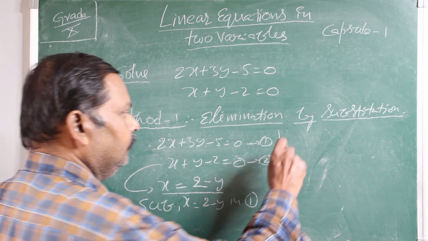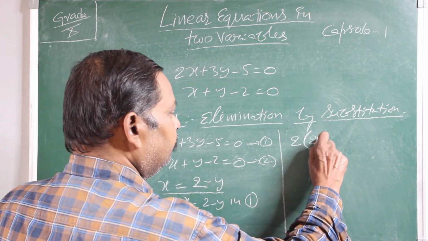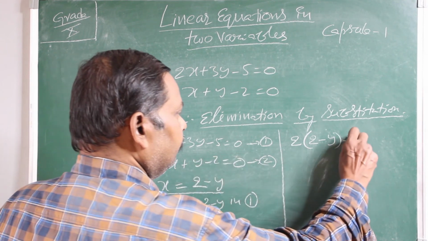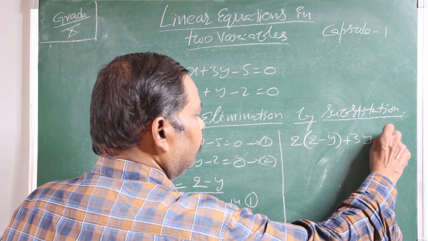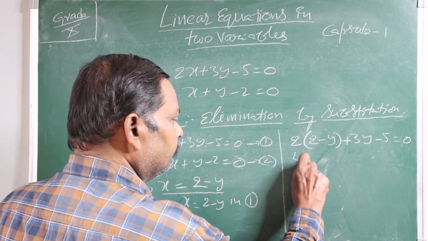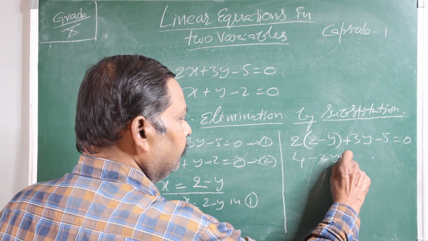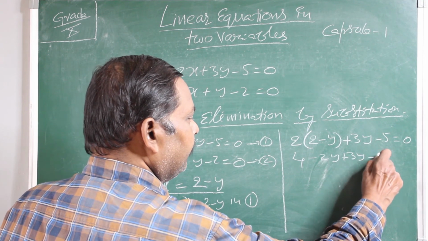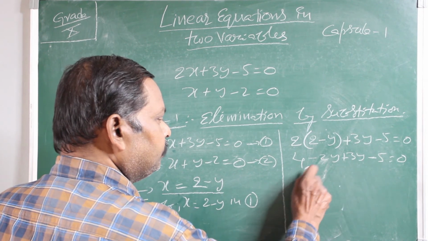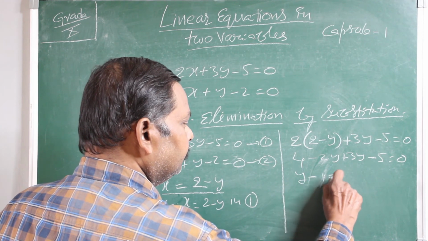Then 2 into x means 2(2 - y) + 3y - 5 = 0. 2 2s are 4. 2 into -y is -2y, +3y - 5 = 0. 3y - 2y is y. 4 - 5 is -1, so y - 1 = 0.